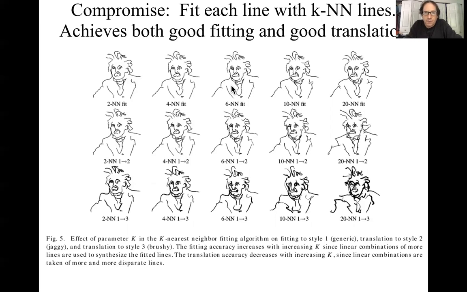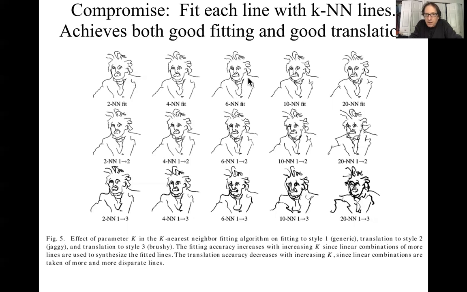But what's nice then is when you take this small controlled set of nearest neighbors and do the fitting and then translate the fitted version, it doesn't go crazy. Each one of the input lines is close enough to the original test image line that when you translate each one and then take the same linear combination of the result, you end up with something similar to what the artist might have done to translate this particular input line.